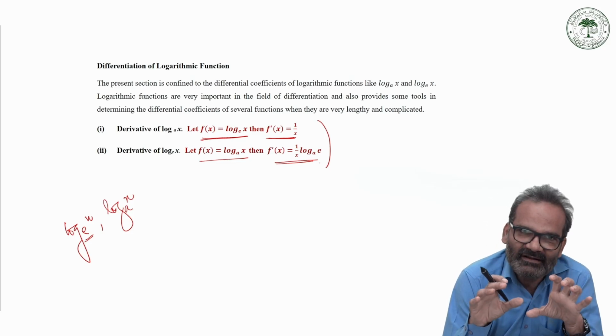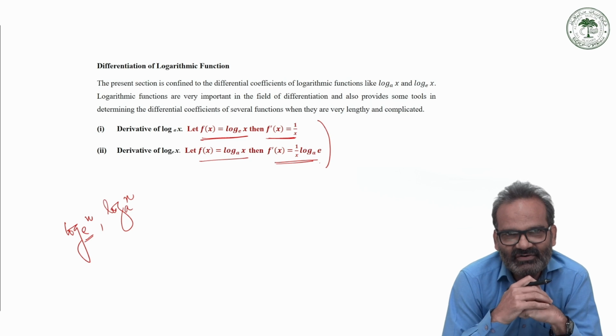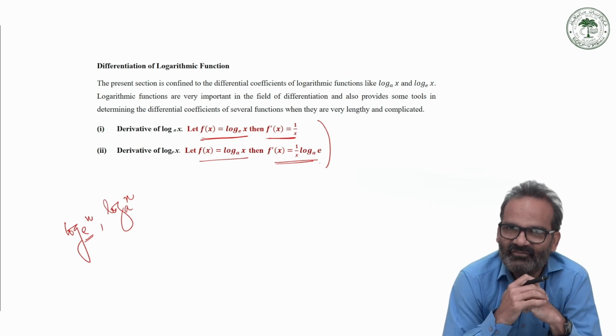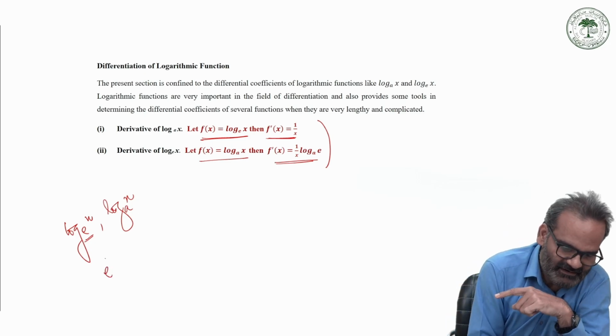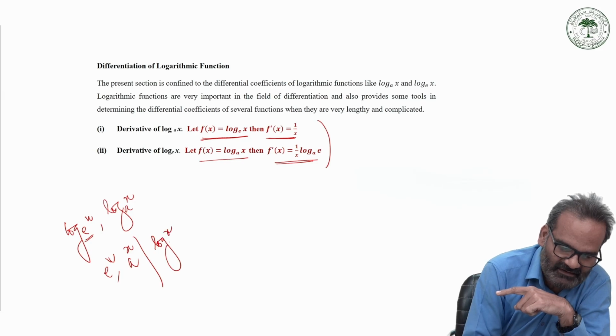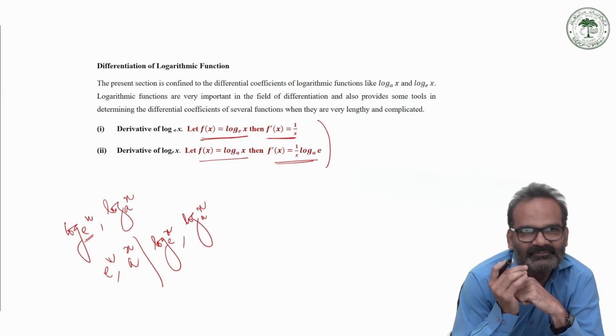So the total number of formulas which you will have to remember is 5. One, x raised to the power n for algebraic functions; two formulas for exponential, one is e raised to the power x, second is a raised to the power x; and the remaining two for logarithmic functions, one is log x base e and the other is log x base a.